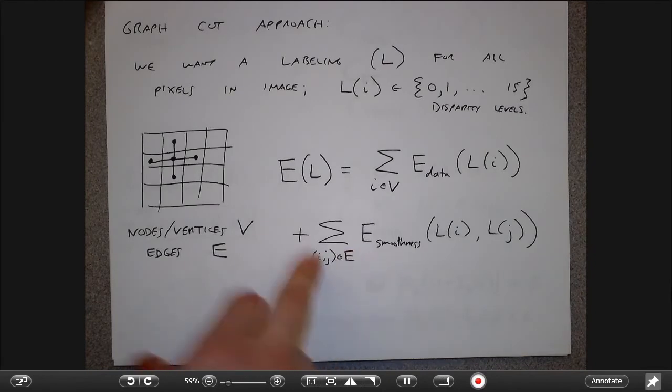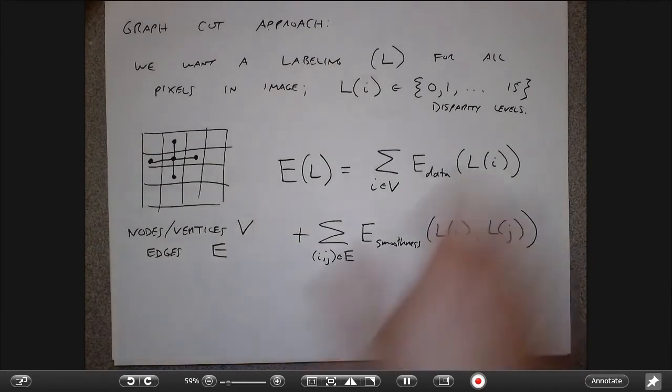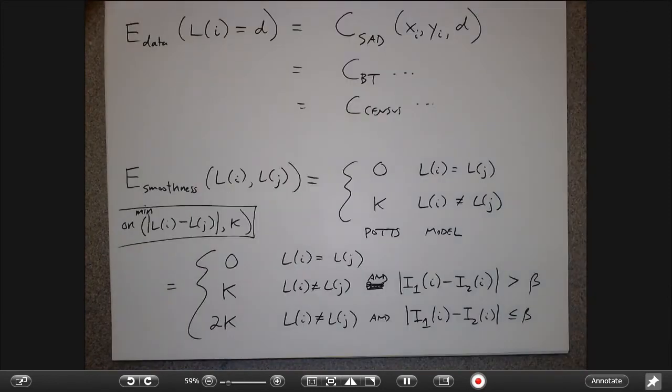If you cranked up the weight on the smoothness term, that's exactly what you'd get. But here you're trying to balance the data term with the smoothness term, in such a way that, all things being equal, you want disparities to be the same, but you're willing to let evidence from the images make a difference in the disparity choice between neighboring pixels. And so this is actually a pretty reasonable algorithm.